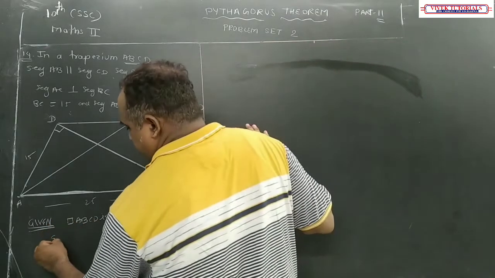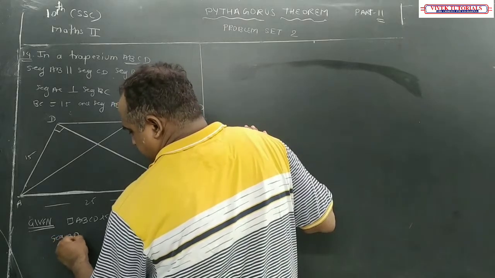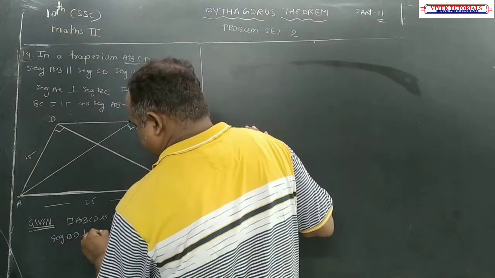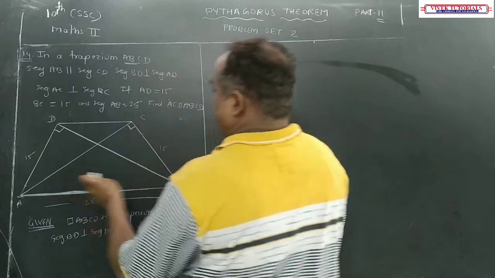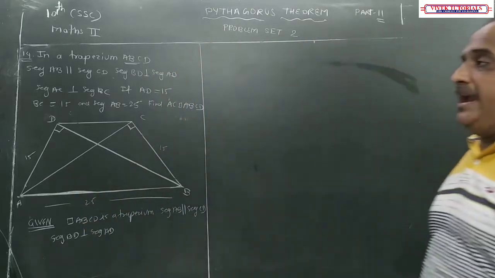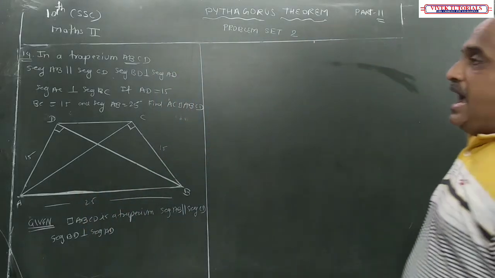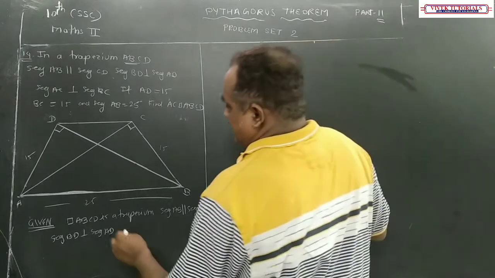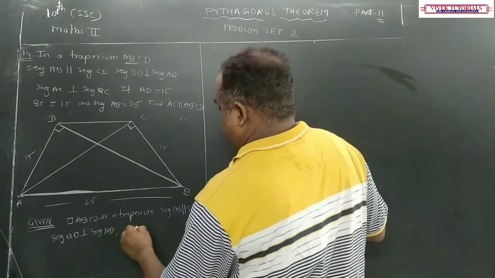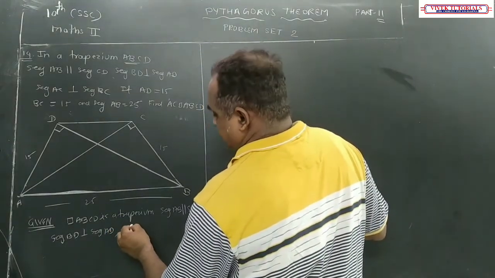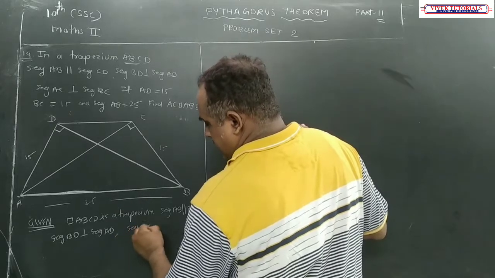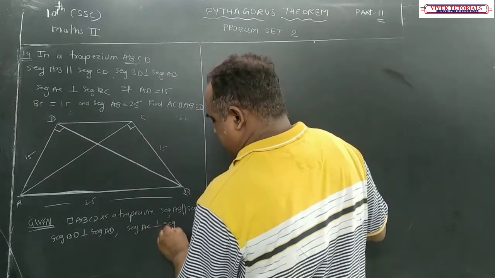Segment BD is perpendicular to segment AD, as well as segment AC is perpendicular to segment BC.